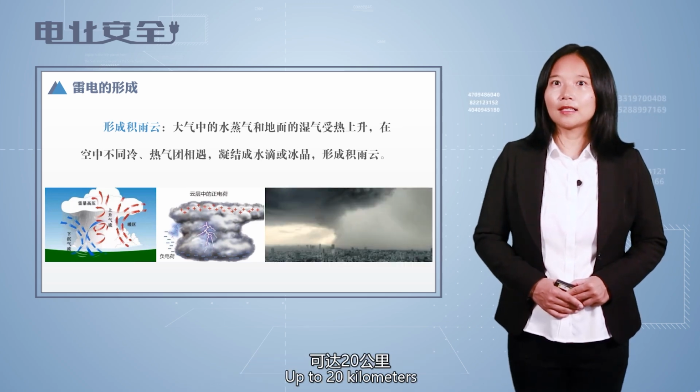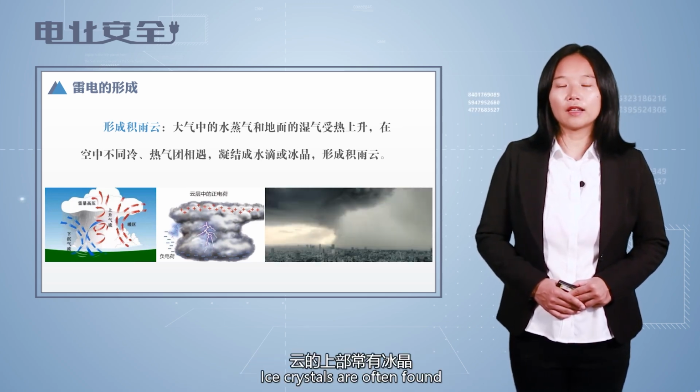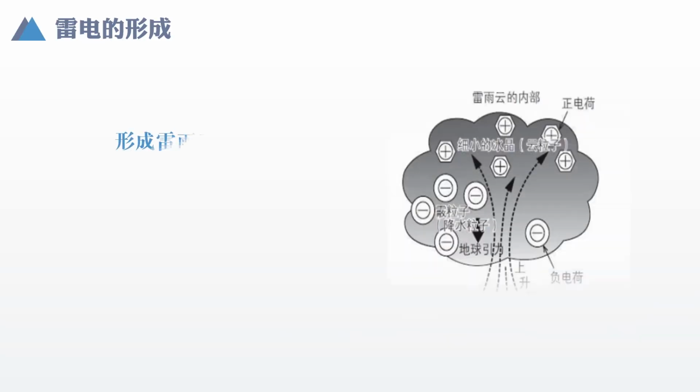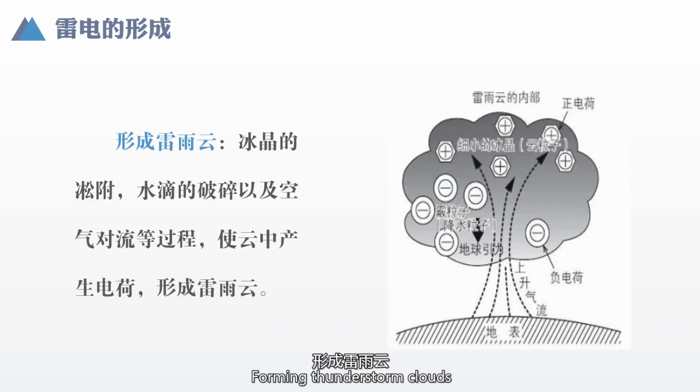Ice crystals are often found in the upper part of the cloud, forming thunderstorm clouds. The freezing of ice crystals, the breakup of water droplets, and air convection processes create an electrical charge in the cloud.